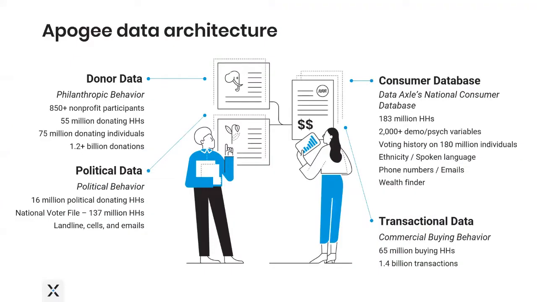And when you think about it, at Data Axle, our donor data set's called Apogee, but we actually combine donor data, political data, consumer data, and transactional data, not unlike some of the other co-ops in the space, whether you work with Abacus or Wyland or the Target Cooperative. But it's really about taking the data that you know about your donors and then adding those outside pieces to it, right?